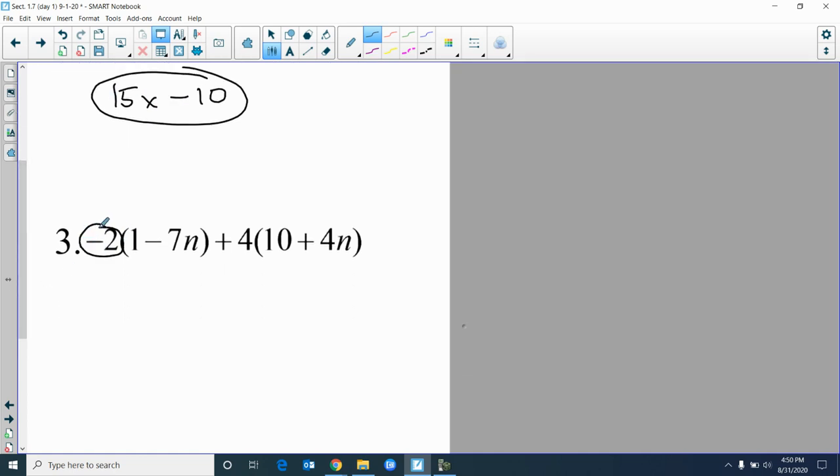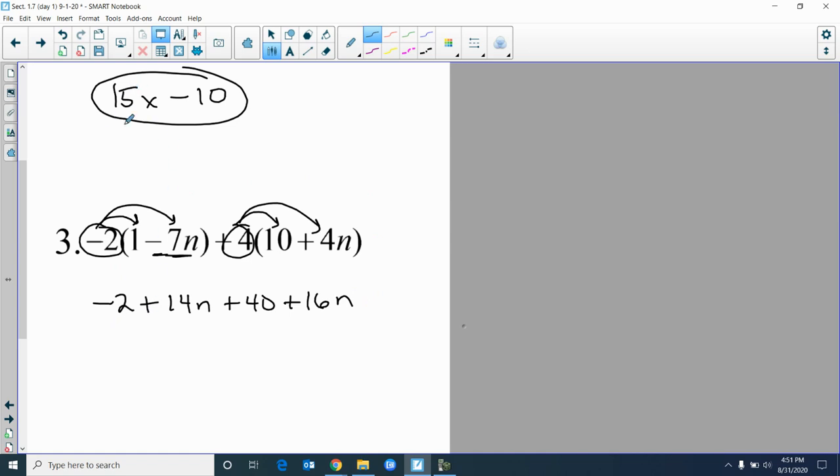-2 times 1 is -2. -2 times -7n, a negative times a negative is a plus, plus 14n. Positive 4 times 10 is plus 40. 4 times 4n is plus 16n.